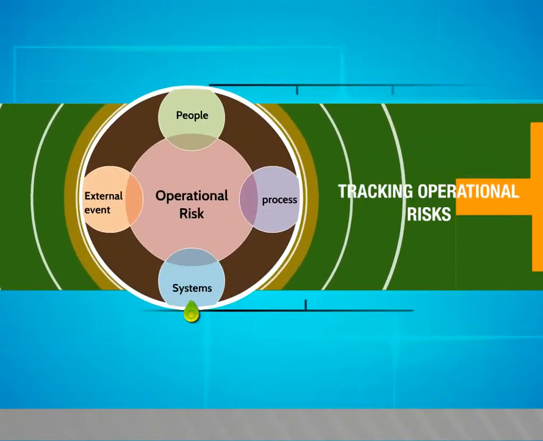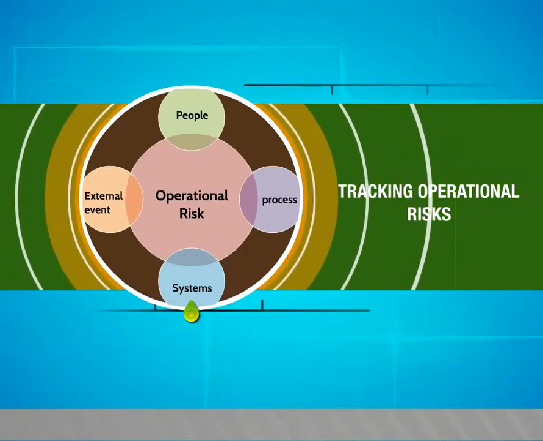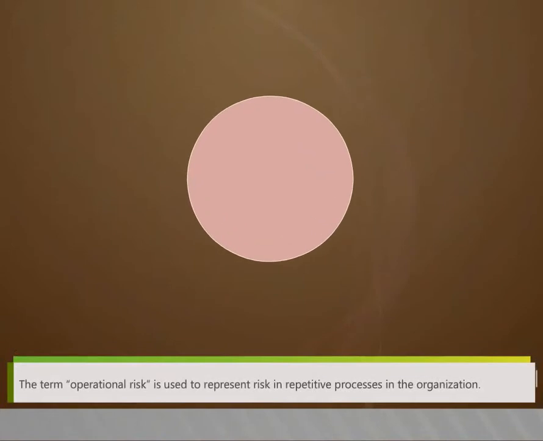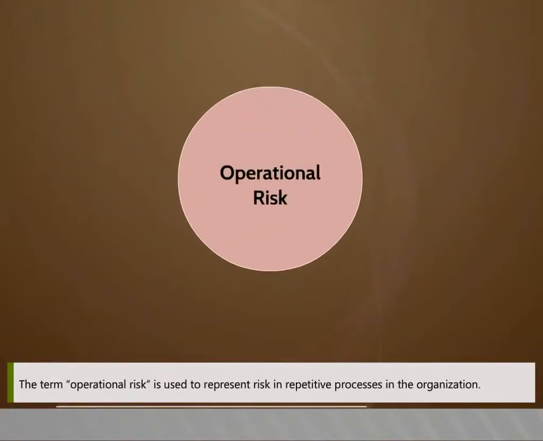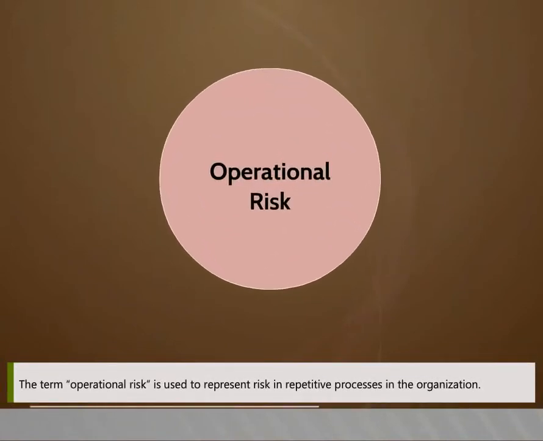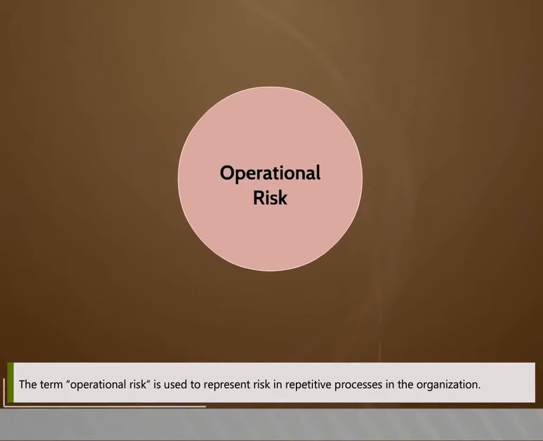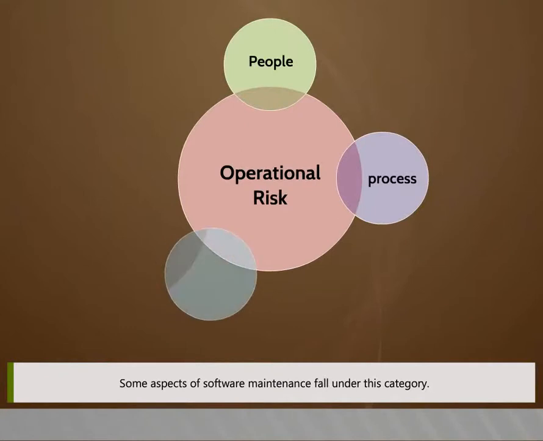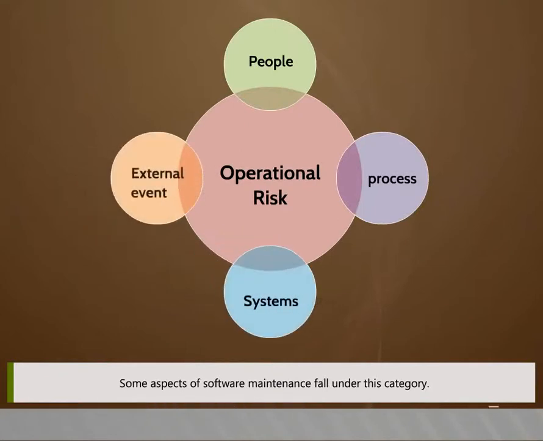Tracking operational risk. In this video, we are going to learn about tracking operational risk. The term operational risk is used to represent risk in repetitive processes in the organization. Some aspects of software maintenance fall under this category. Tracking risk exposure.